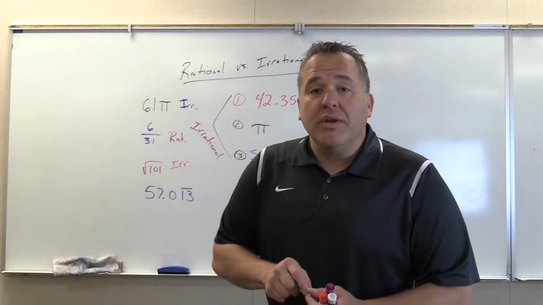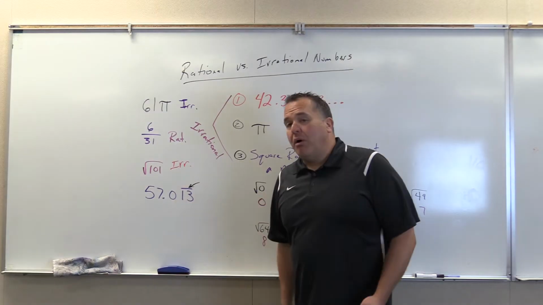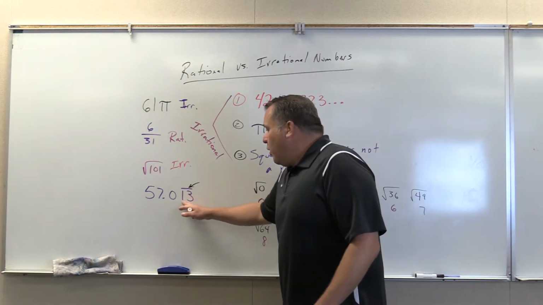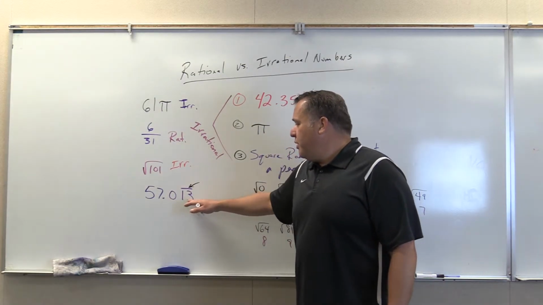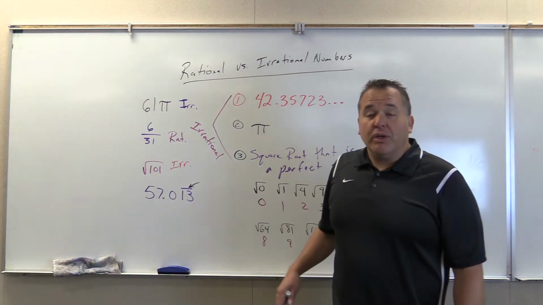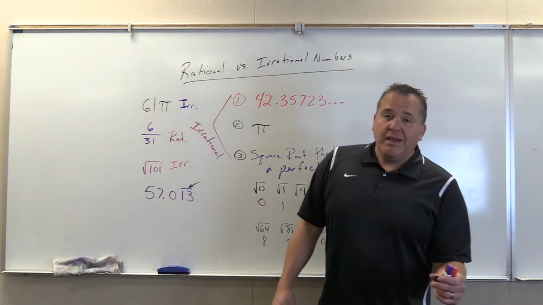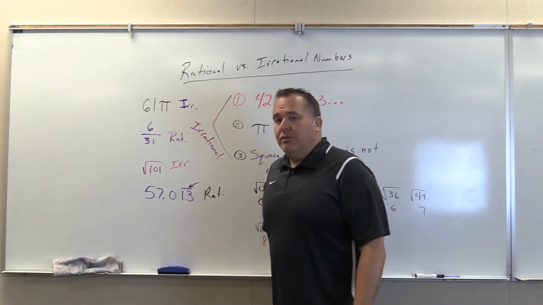No, it will repeat. And the reason why we know it repeats is because it has this bar above the 1 and the 3. What that tells me is that this 1, 3 is going to keep repeating. It's going to be 57.0131313131313. It's going to keep repeating. And when it repeats, it is a rational number. So this right here is going to be a rational number.